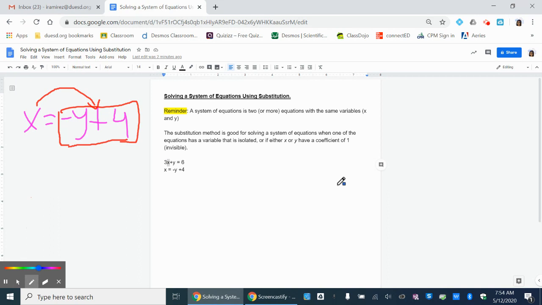I'll go ahead and change the color and say 3x plus y equals 6. Again, this substitute is going to go in for x. So right here where this is an x, I am going to replace it with negative y plus 4. Since there's actually two things going on, this means 3 times x. When they're together, they're being multiplied.